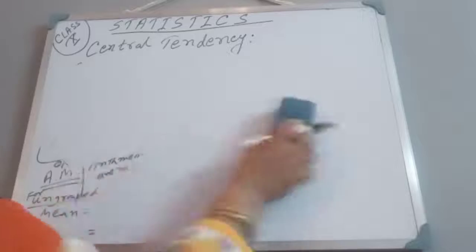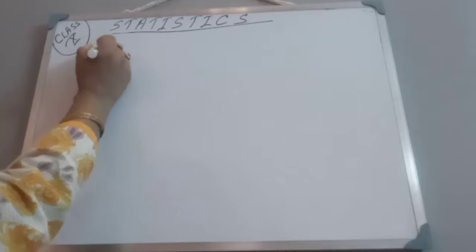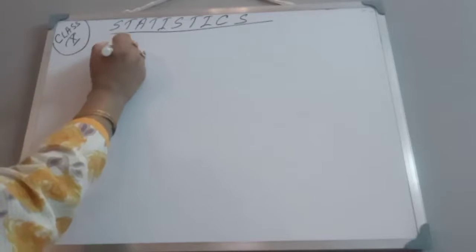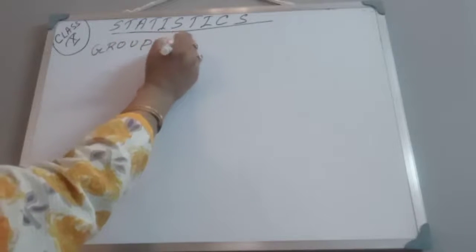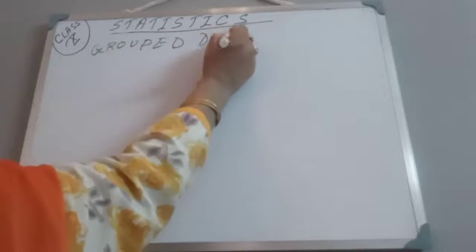If the range is written for grouped data, that means if the class is there, that is weighted mean. That is for ungrouped, already I have said. Grouped data.